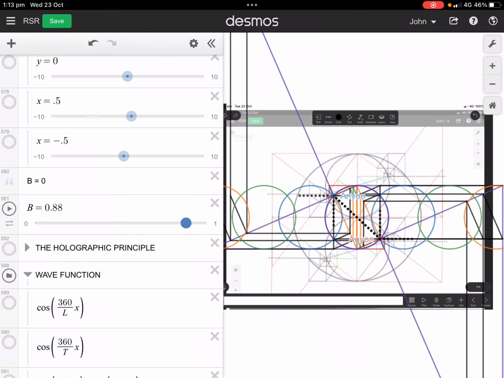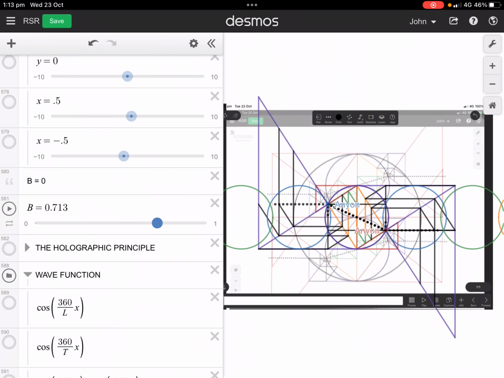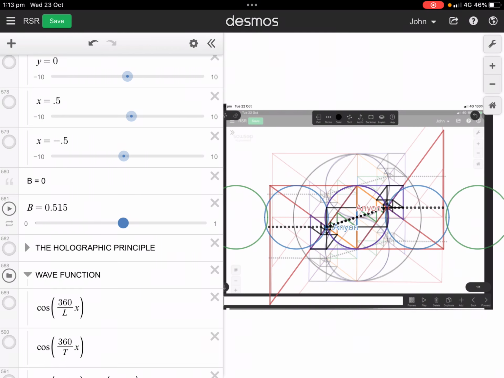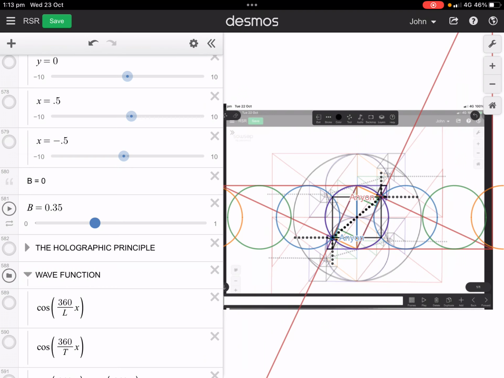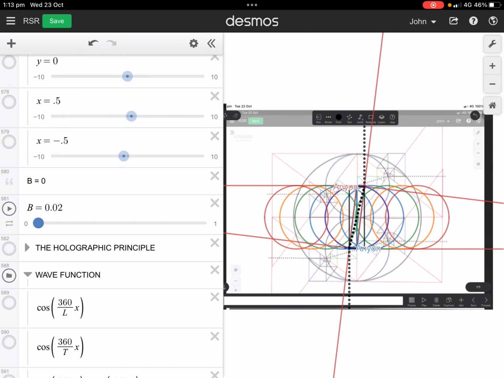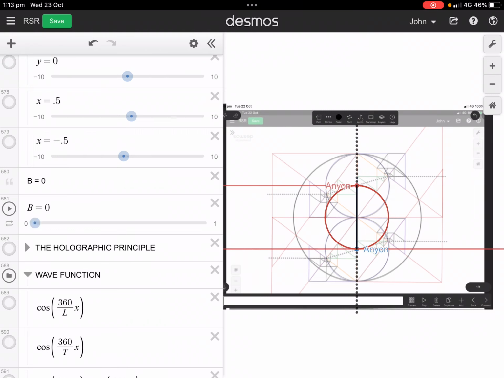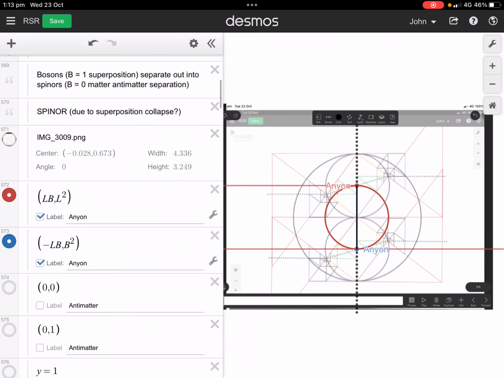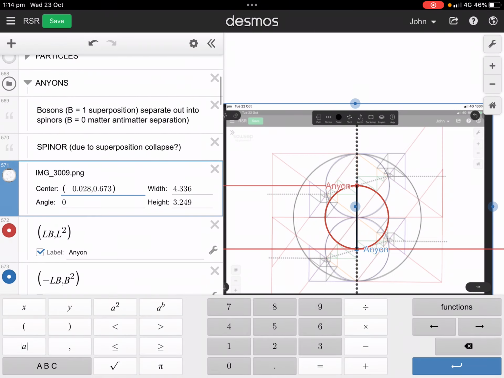But then when it collapses to a spinor, it collapses again, this time to b equals 0, and this time the superposition separates out into the picture I've got there of a spinor.